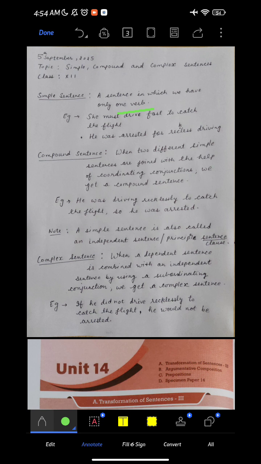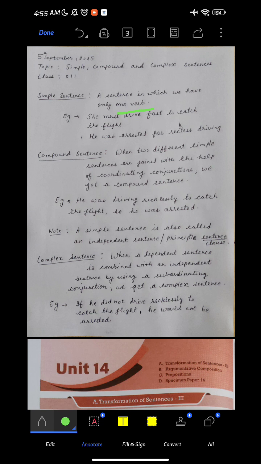There should not be two actions. Two actions can be described by using a conjunction. So, in other words, a sentence without any conjunction is called a simple sentence.